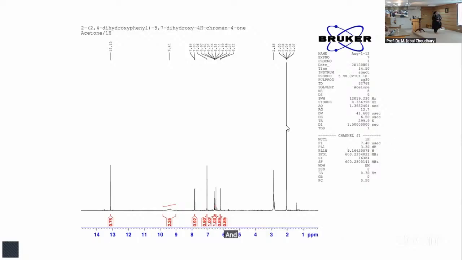And P1, what is P1? Yeah, 7.4 microseconds, but what is that? This is the 90-degree pulse.